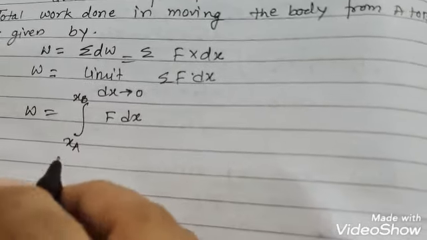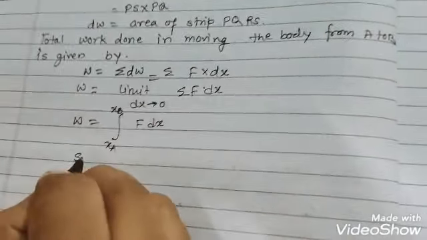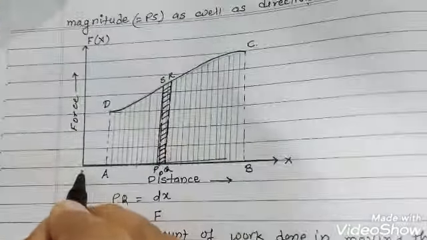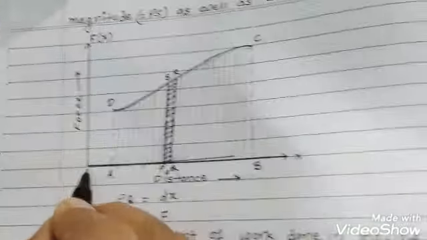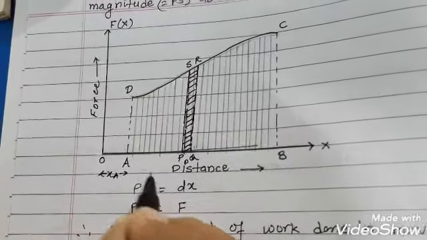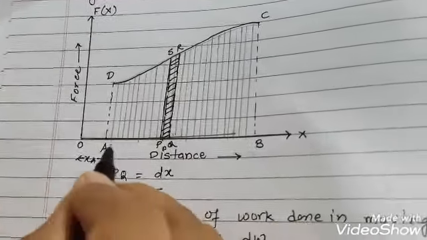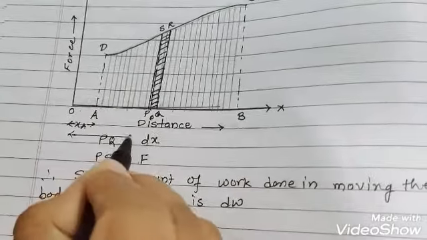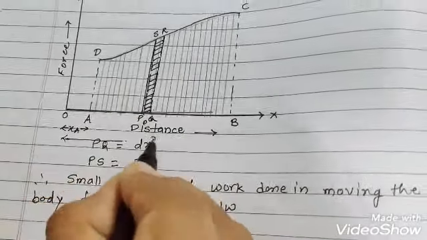So you will find here, as we'll see in the figure, this is O. OA will give you XA, and OB will give you XB here.